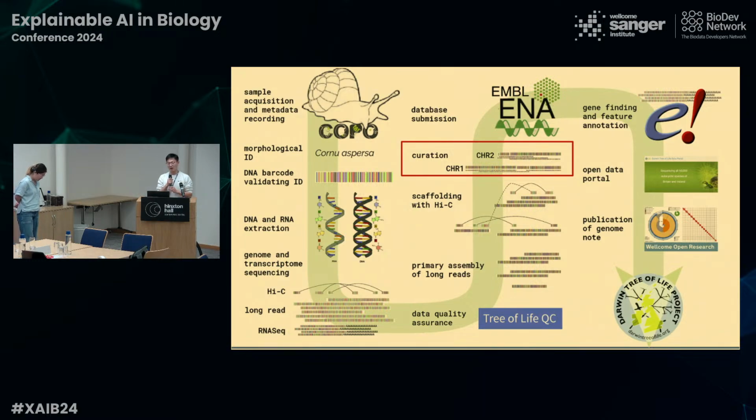So that's why we are doing the AI curation project. That is my project, but for the Hackathon, I just collected some data from the project and did the Hackathon here.